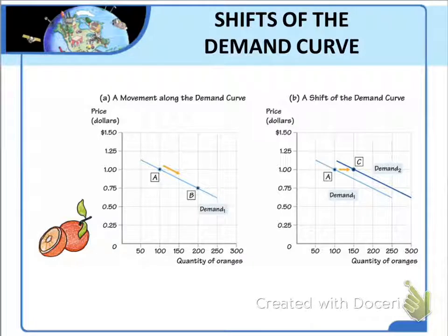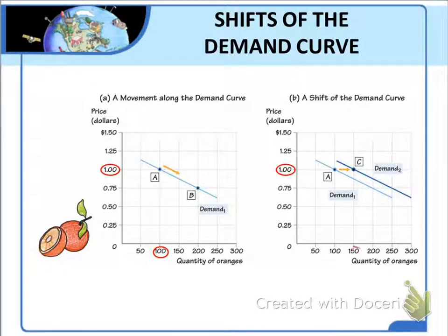So we looked at panel A in the previous slide. Now look to the right at panel B. What happens here? We see that this will cause the entire demand curve to shift to the right, from demand 1 to demand 2. In the previous graph, when we were at point A, at a price of $1, people demanded 100 oranges.